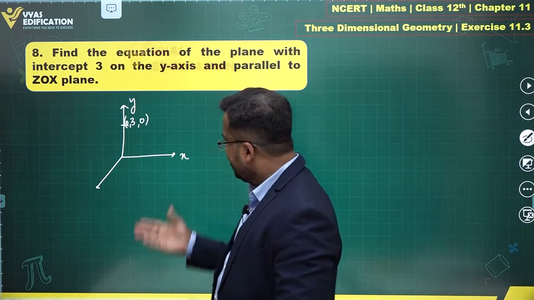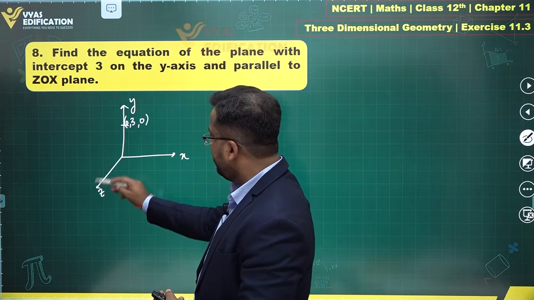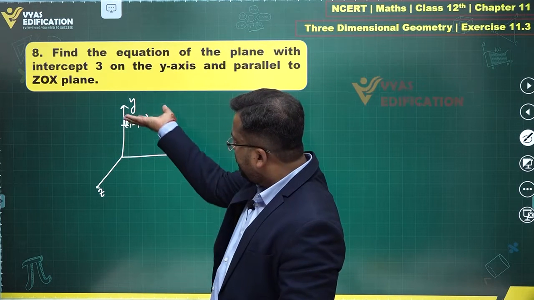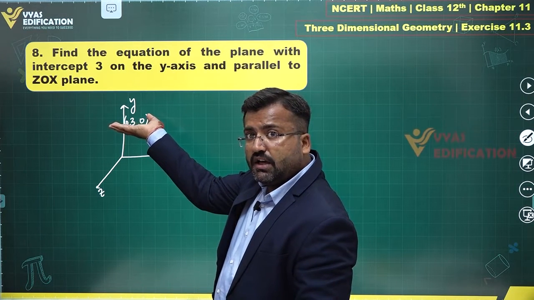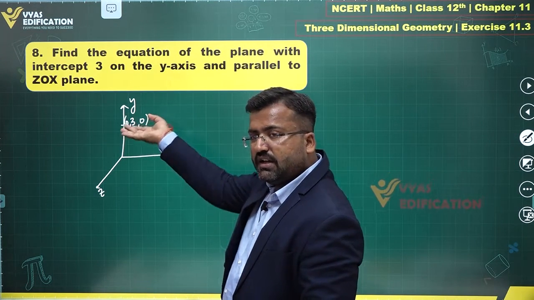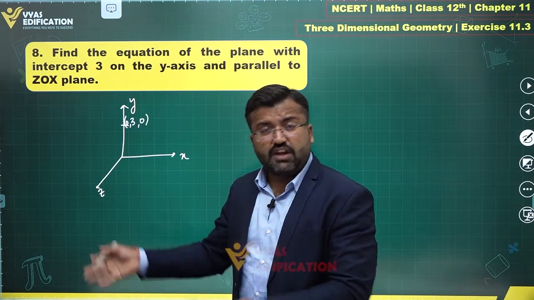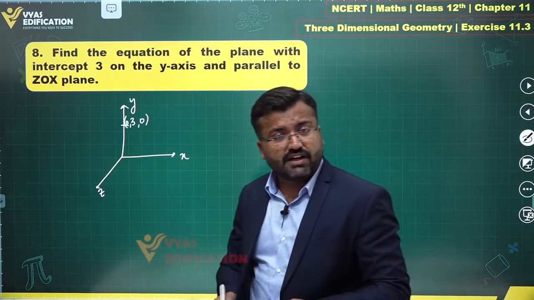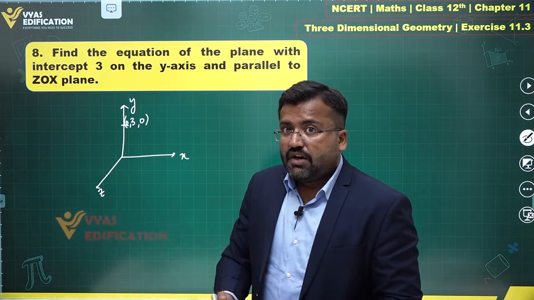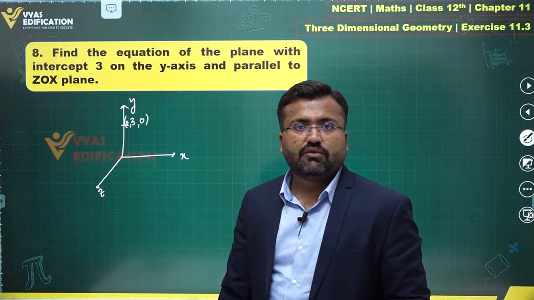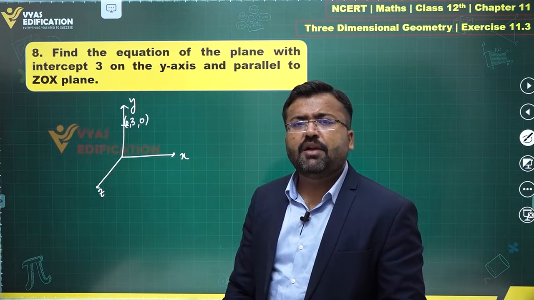Since this is the ZOX plane, the horizontal plane, when you have a plane parallel to this, the intercepts with the x-axis and z-axis will be very, very far away, or you can say infinite. In other words, the y-coordinate will remain constant throughout.